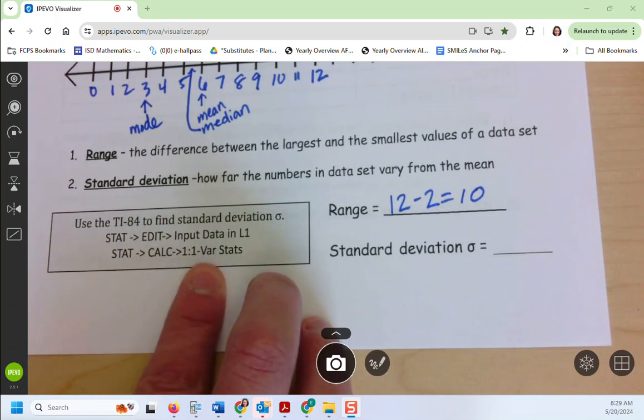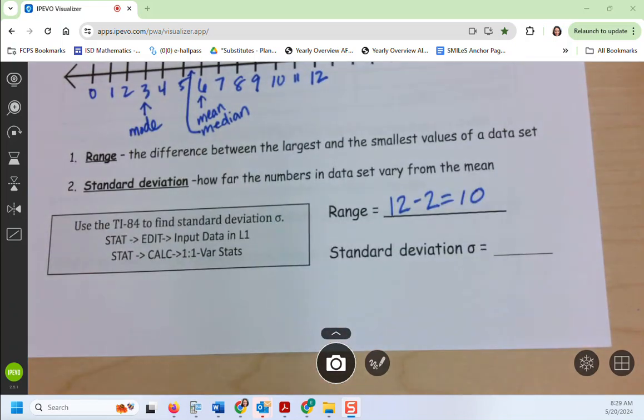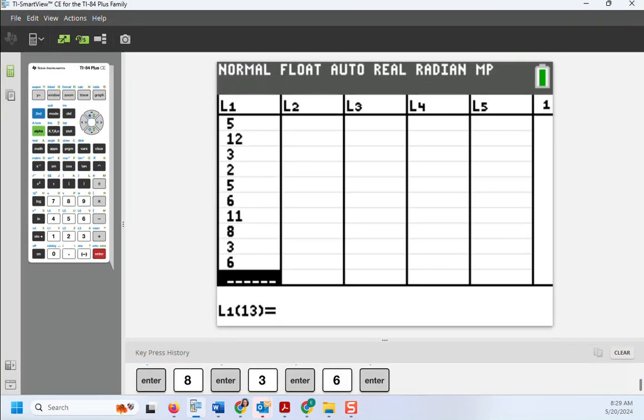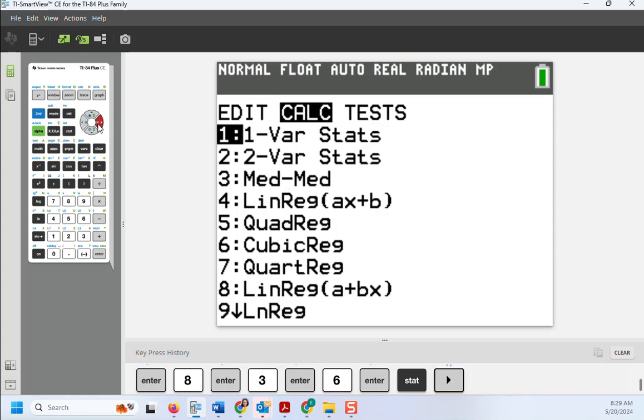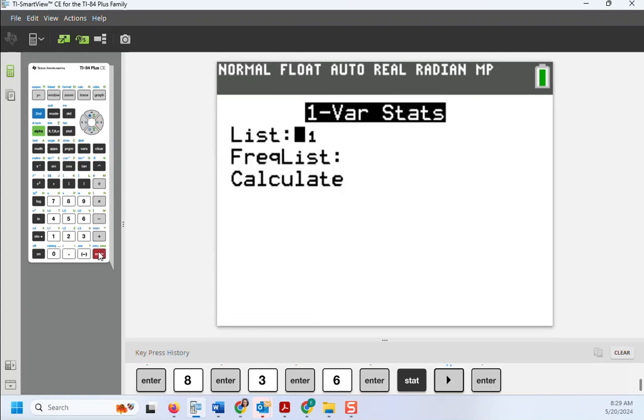So we're doing this. Let's get back our calculator. So I'm pressing the Stat button again, but I'm not editing. I already edited. I'm going over to Calculate, and I'm going to choose one variable, Statistics. And that's right there. Your screen should look like this. If you have something under Frequency List, you need to delete that.